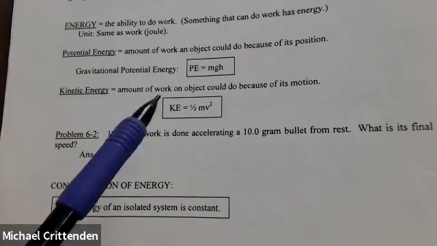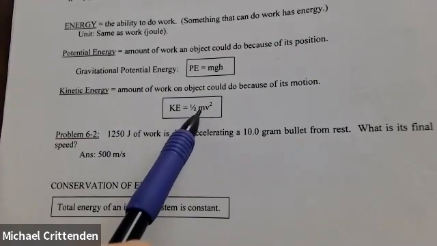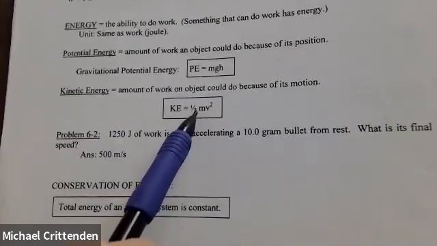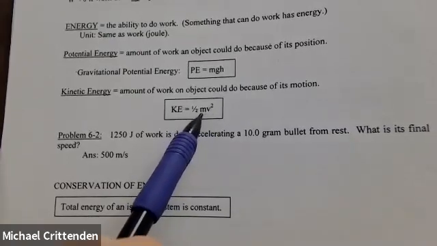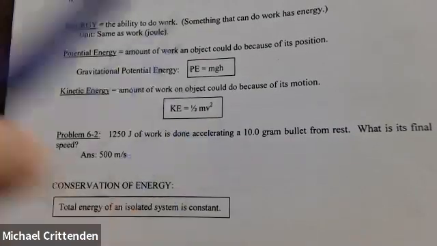So it turns out, as a result of a fairly straightforward calculation, you can show that the work a moving object could do is 1/2 mv squared, where m is the object's mass and v stands for velocity.